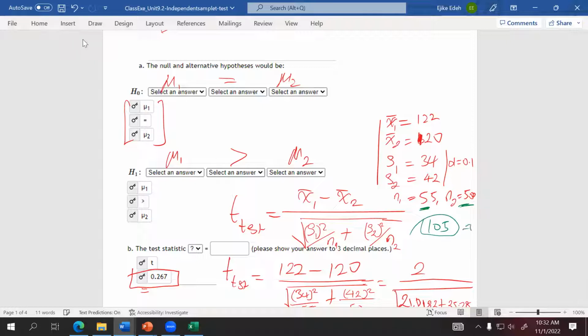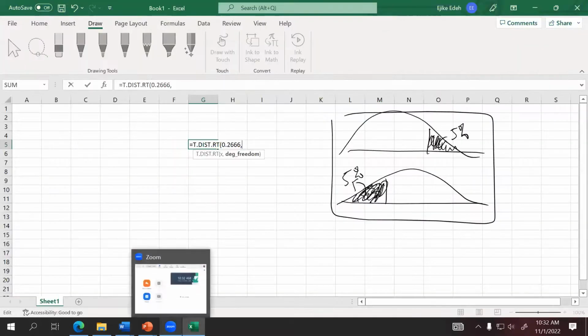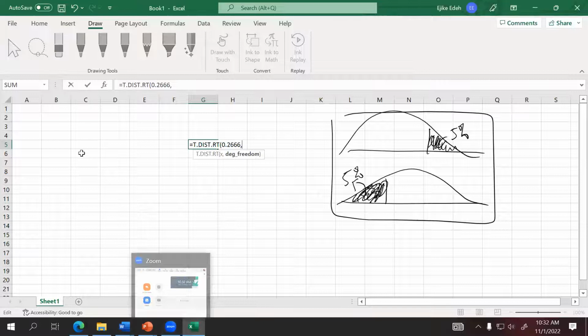And then, of course, you remove 2. So your degree of freedom, which is n1 plus n2 minus 2, will be 105 minus 2, which will give you 103.